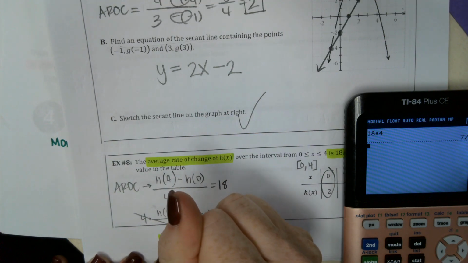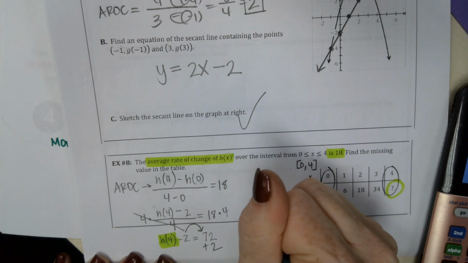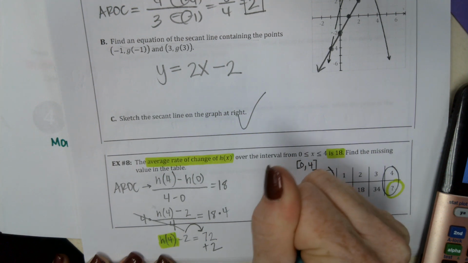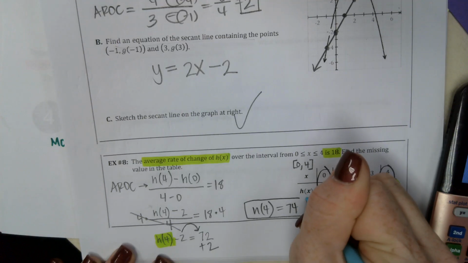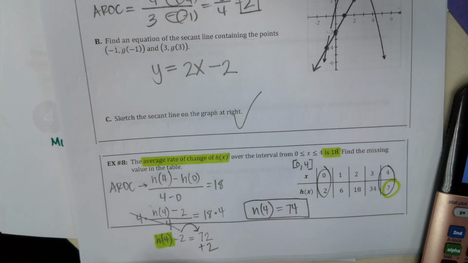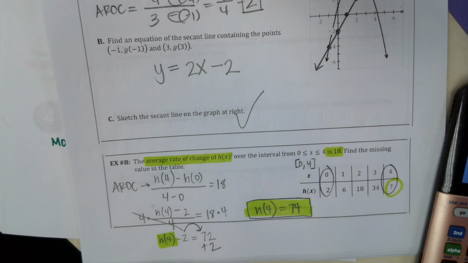Add 2 to both sides. Okay, so I'm just going to show adding 2, and I'm going to say that h of 4 is equal to 74. Okay? You've got a couple of those in your practice where you're given what the average rate of change is equal to, and you're trying to find one of these 4 things.